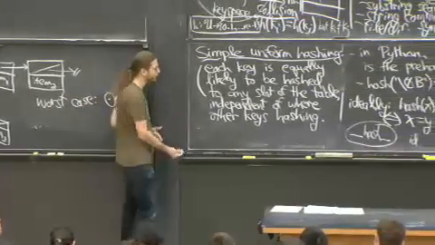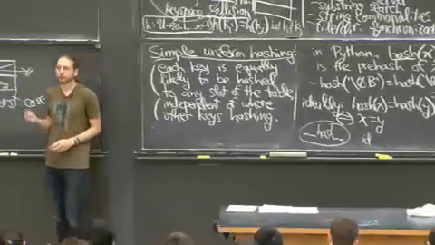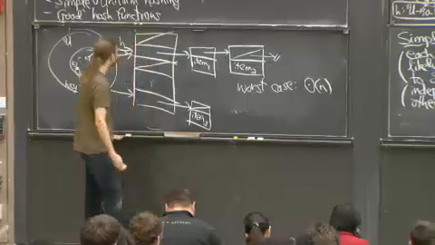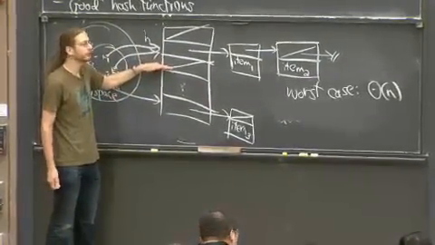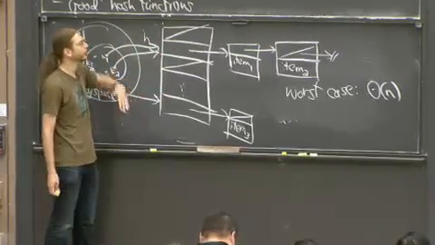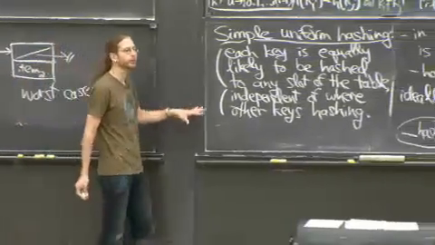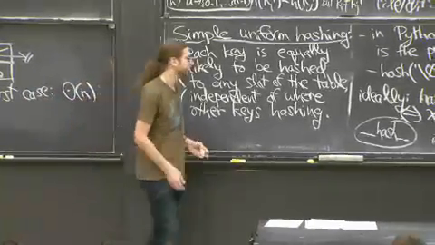OK, that's a good start. But to do proper analysis, not only do we need uniformity, we also need independence. So not only is this true for each key individually, but it's true for all the keys together. So if key 1 maps to a uniform random place, no matter where it goes, key 2 also maps to a uniform random place. And no matter where those two go, key 3 maps to a uniform random place. This really can't be true. But if it's true, we can prove that this takes constant time.